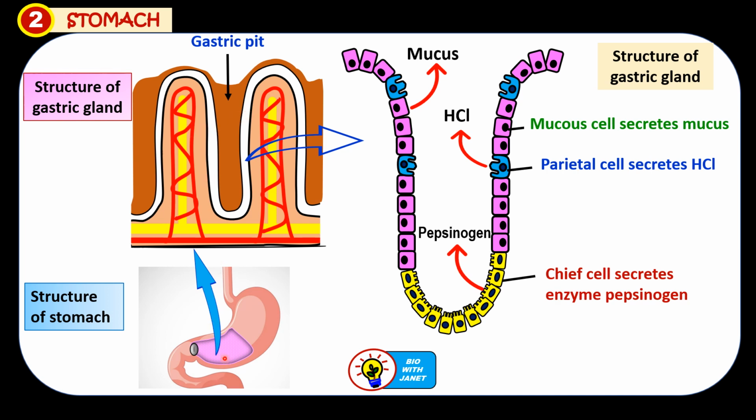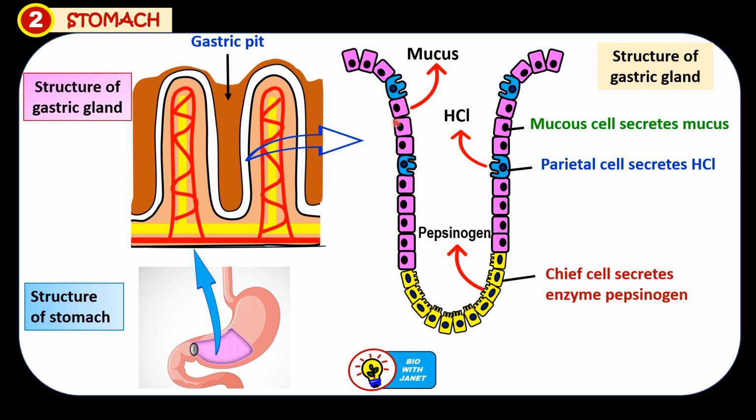The epithelial cells form the gastric gland. In the lining of the stomach, there are gastric pits, something like depressions. There are many of these gastric pits, and the cells that line the gastric pit form the gastric gland.